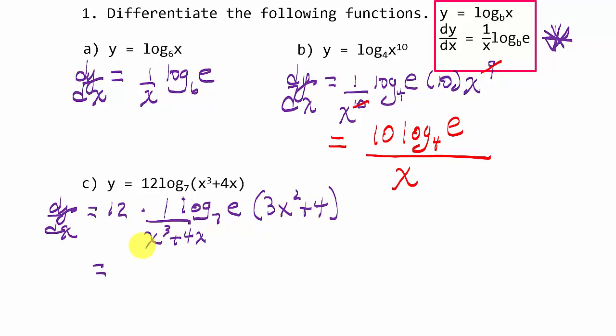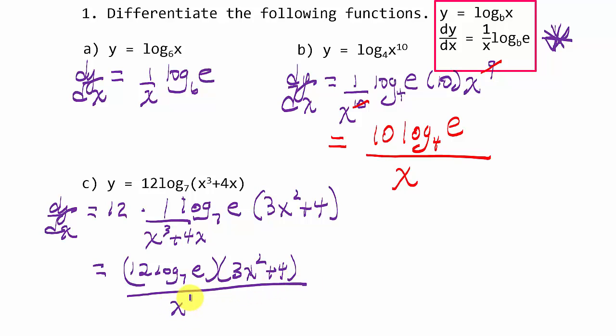And writing this nice and neat, we're going to have 12 log base 7 of e times 3x squared plus 4 all over x cubed plus 4x. Now, if you could factor anything and reduce more, of course you would.